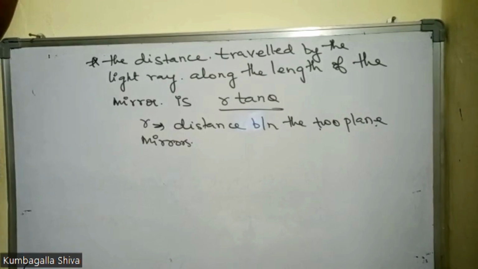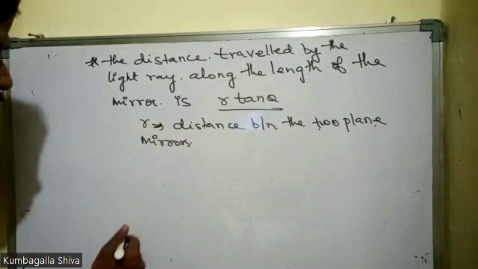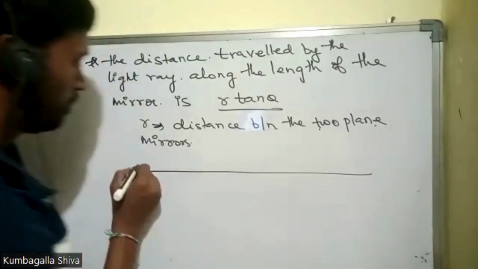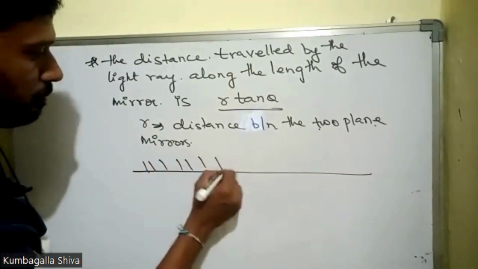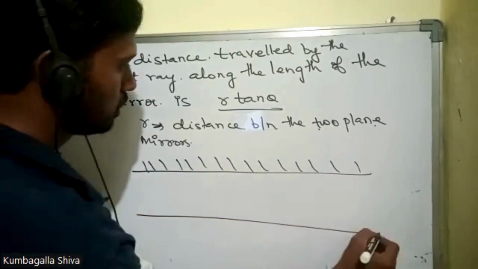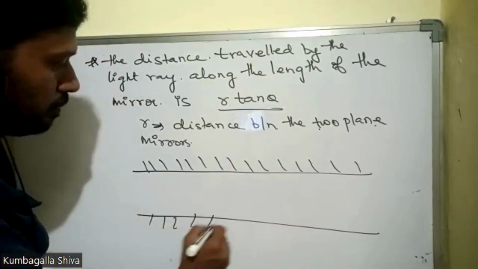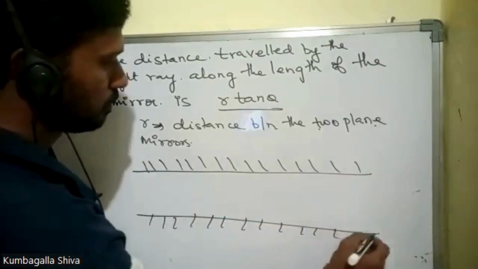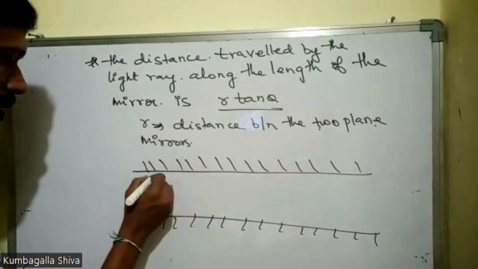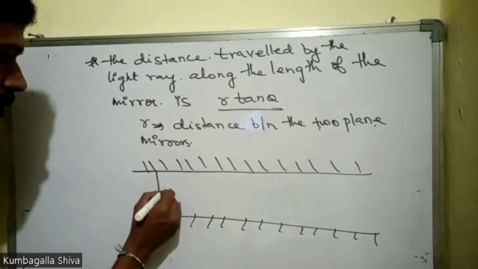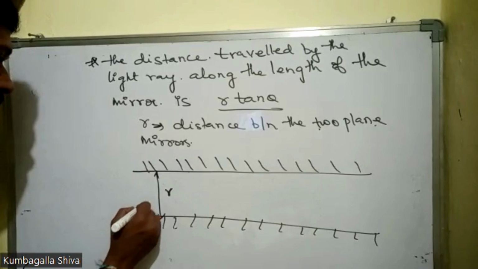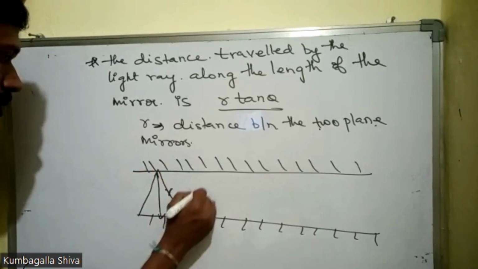Understood? Okay, how do we see this one? Consider this is a mirror M1, and consider this as M2, and see here, the distance between them is R. Now see the calculations, and these are the reflections.